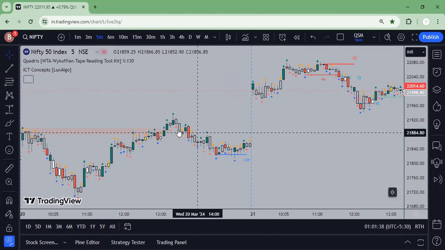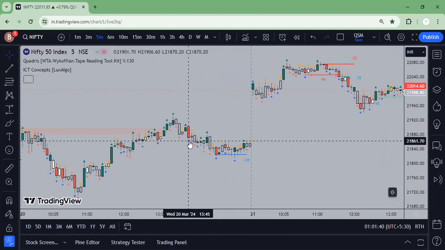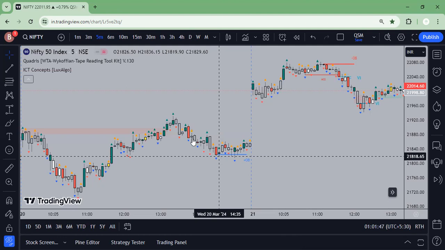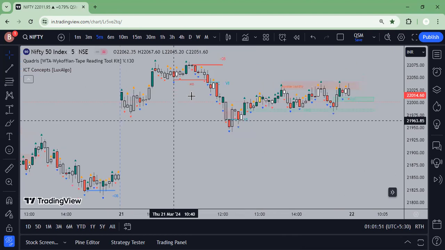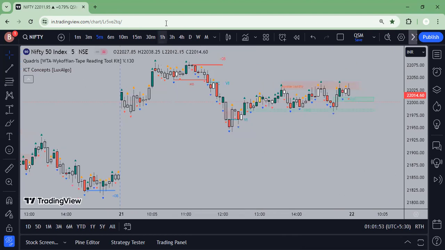If after a demand kind of situation we are coming down, and supply is greater than demand, then we are expecting price to go downwards. And it went. 80% of the time, or more than 80% of the time, you would be in a position where you would know which side the market is heading.